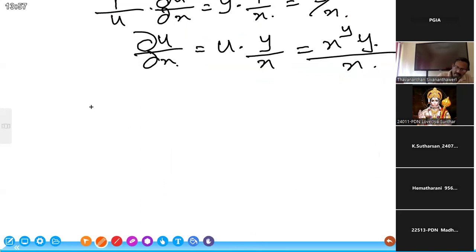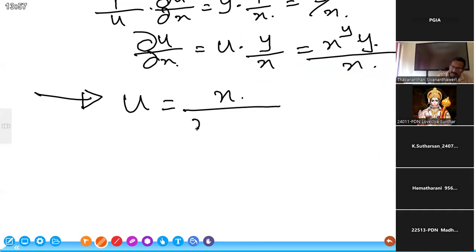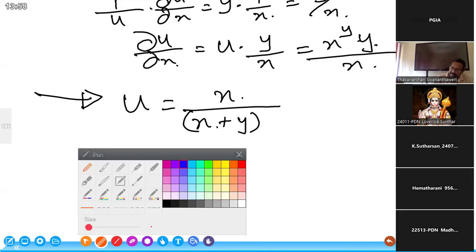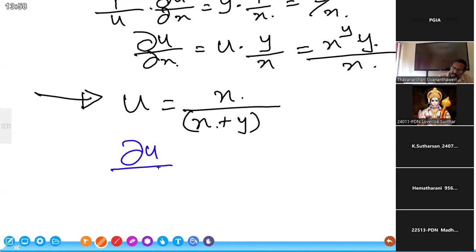Suppose, let's say, you have a function like this, u is equal to x divided by x plus y. Now what to do? Now we'll have to refer back to our previous rule. For example, if you say ∂u by ∂x, we consider this as u, this as v.